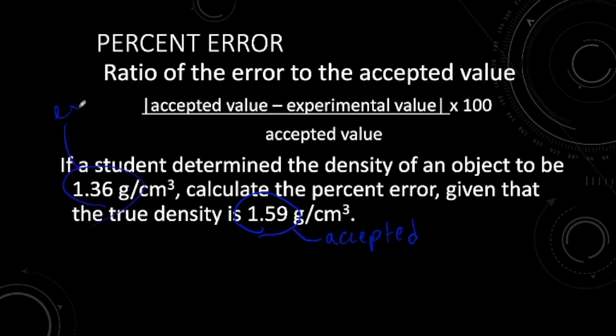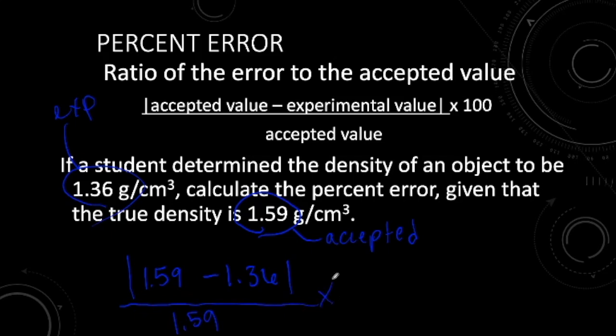That's our experimental. Okay. So we're going to plug those in. 1.59 minus 1.36. Take the absolute value of that difference and divide it by our accepted, our 1.59, multiplied by 100. Go ahead and plug that into your calculators.